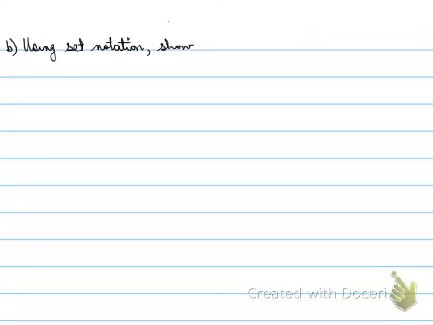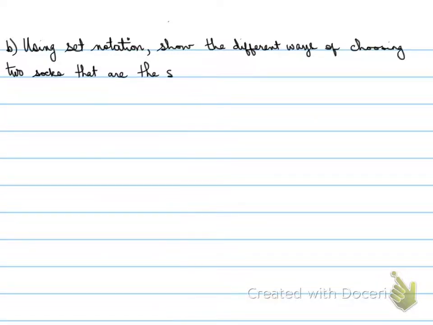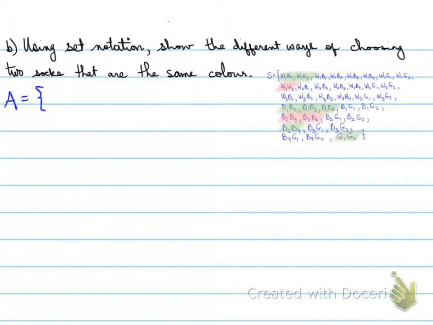Part B. Using set notation, show the different ways of choosing 2 socks that are the same color. So, going back to the sample space we had before, so I'm just going to quickly show them to you. What we want to do now is highlight the ones that have the same color.